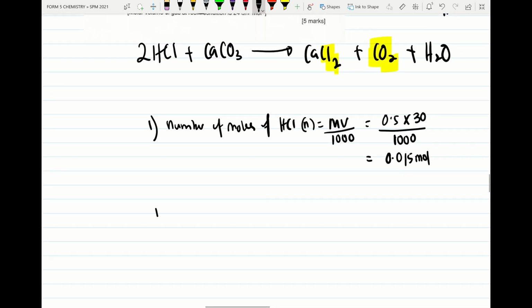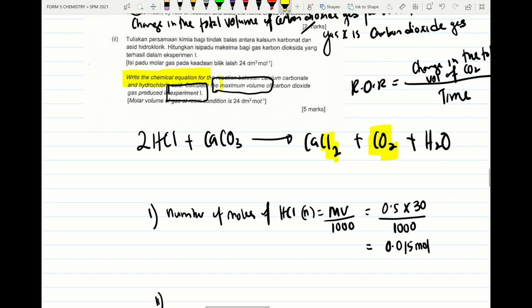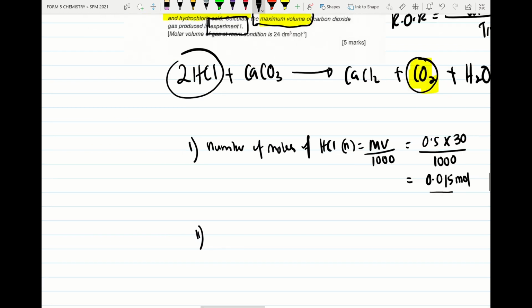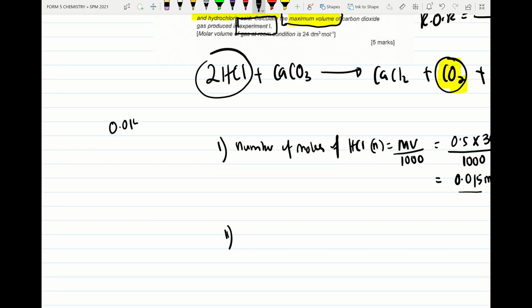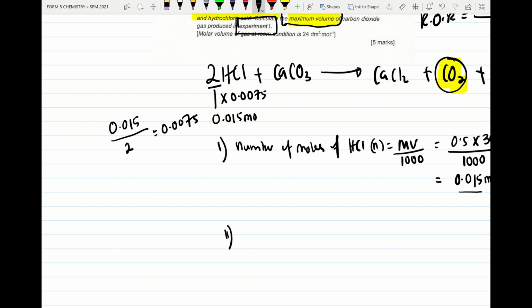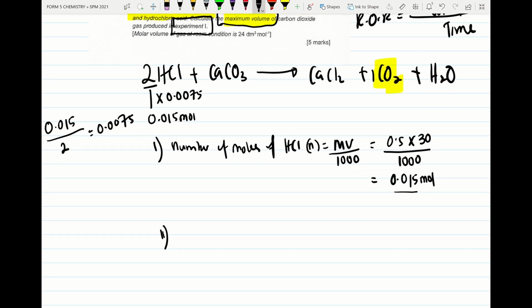All right, and the next step, we have to find the ratio. We look at the question: they want the volume of carbon dioxide gas. This is 1 mole, here is 2 mole. So 0.015 mole divided by 2 gives 0.0075. So 2 times 0.0075 gives 0.015 mole, and here 1 times 0.0075 gives 0.0075 mole.